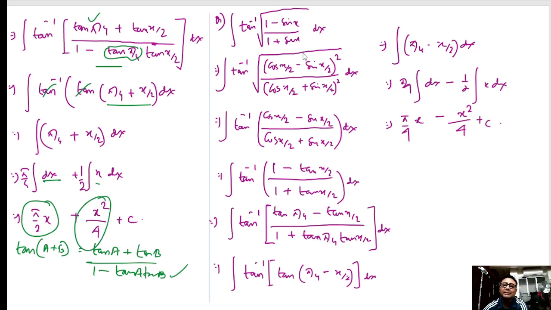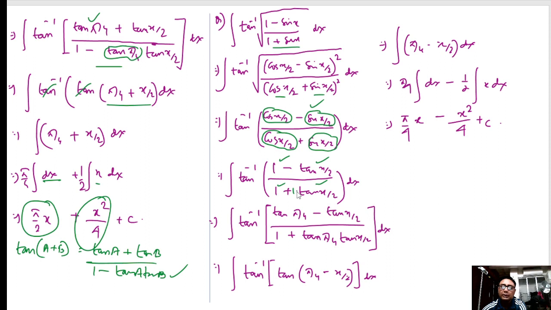1 minus sin x, I have given the formula, cos x by 2 minus sin x by 2 whole square. 1 plus sin x is cos x by 2 plus sin x by 2 whole square. So square and root cut, this comes. Again dividing everybody by cos x by 2. So this becomes 1 minus tan x by 2 by 1 plus tan x by 2.